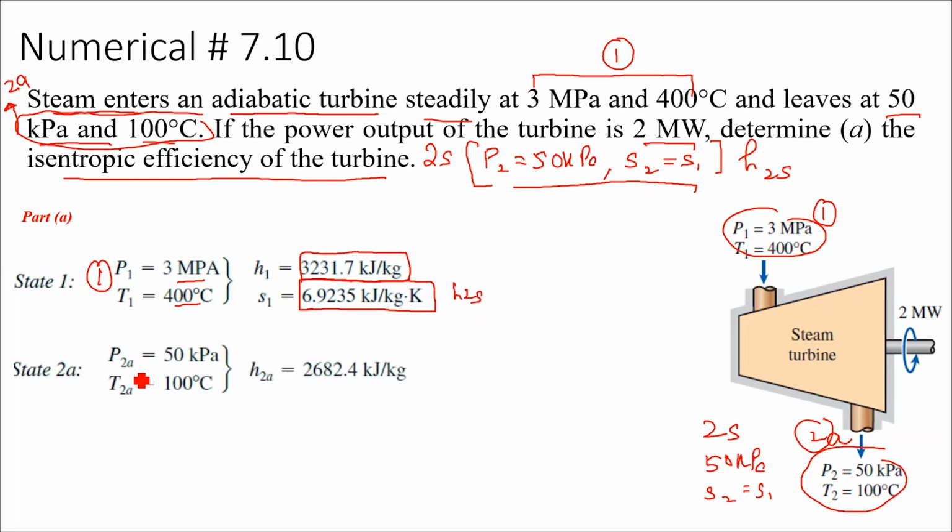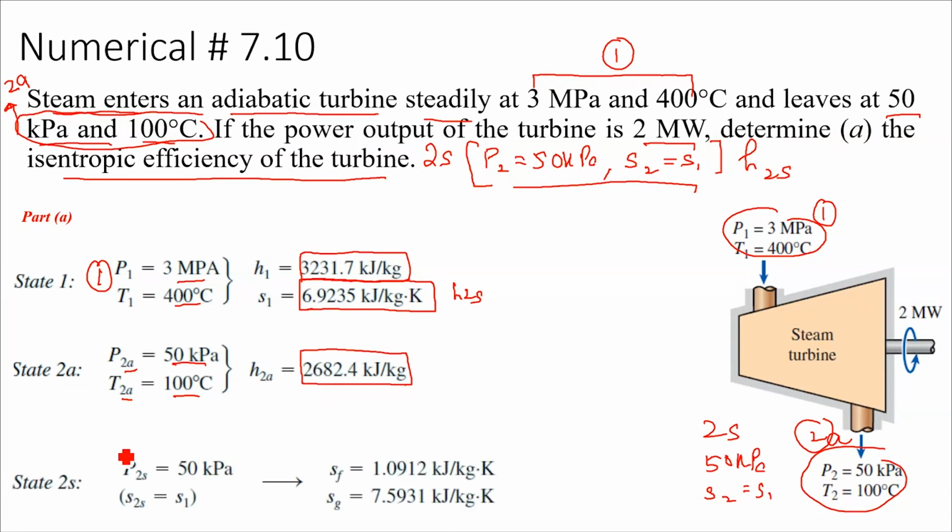For state 2, the actual state represented by 2A, the pressure and temperature are given, and you can directly find the enthalpy H2A from the table. For H2S, the isentropic state, the pressure is given as 50 kilopascal, and S2S you take from the inlet condition. These two help you find the entropy at the second state.